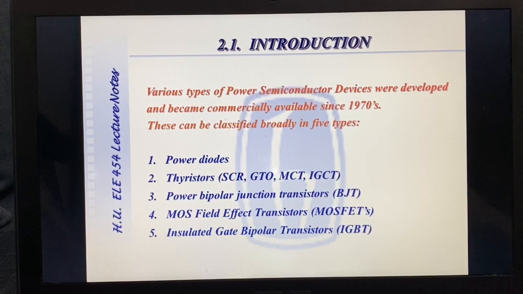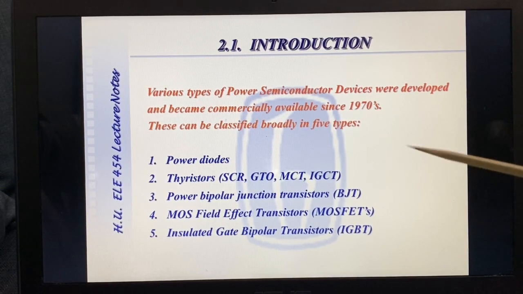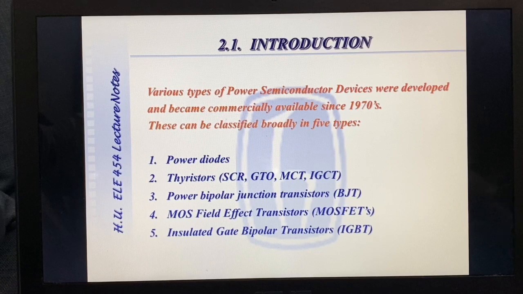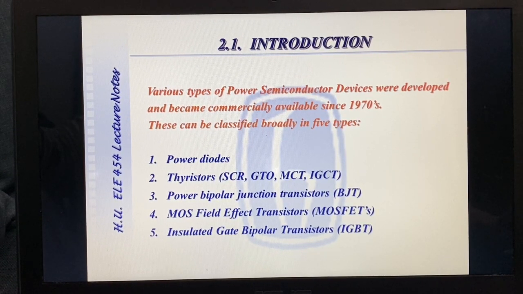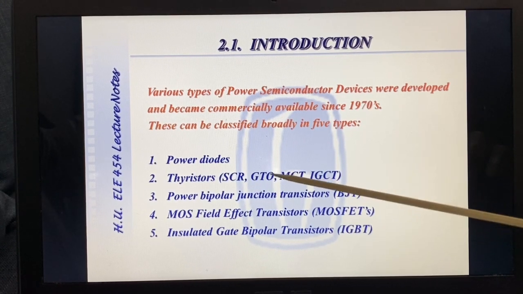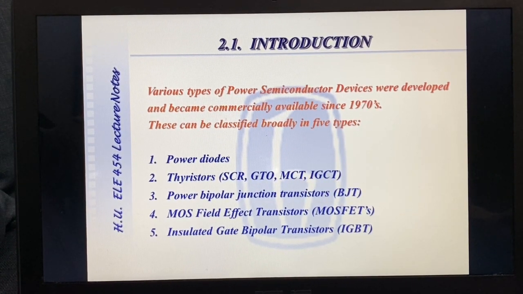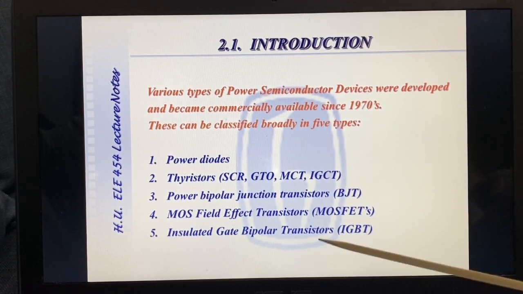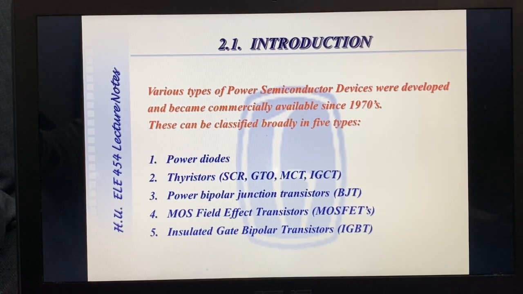The various types of power semiconductor devices developed since the 1970s can be classified broadly into 5 types. Power diodes first, then thyristors, which have different types: silicon controlled rectifier, gate turn-off thyristor, integrated gate commutated thyristor, and MOS controlled thyristor, which was not commercialized.